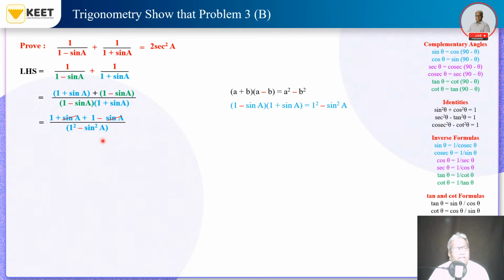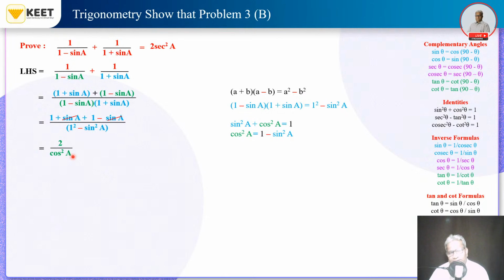For replacing this, we have an identity, that is sin square A plus cos square A is equal to 1. Transfer the sin square A to the right hand side so that you will get the denominator, which can be replaced with cos square A. So add up the numerator, it will become 2, and on replacing the denominator, it will become 2 upon cos square A.